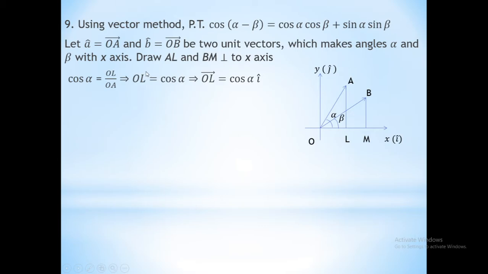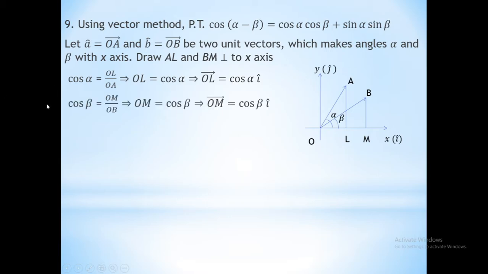Now I have to apply a vector. You see, OL lies along the x-axis, which has the i cap. So when I apply a vector for the particular OL, cos alpha becomes cos alpha i cap, because it is associated with the x-axis, which is i cap.